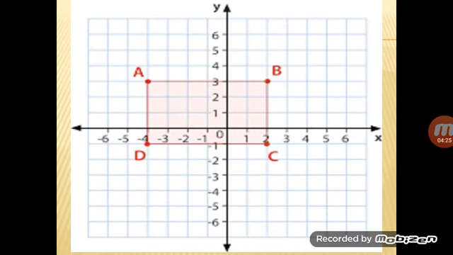We have placed the x value first and the y value second. When we join these dots, either clockwise or anti-clockwise, with straight lines, we form a shape, and this time it is a rectangle.